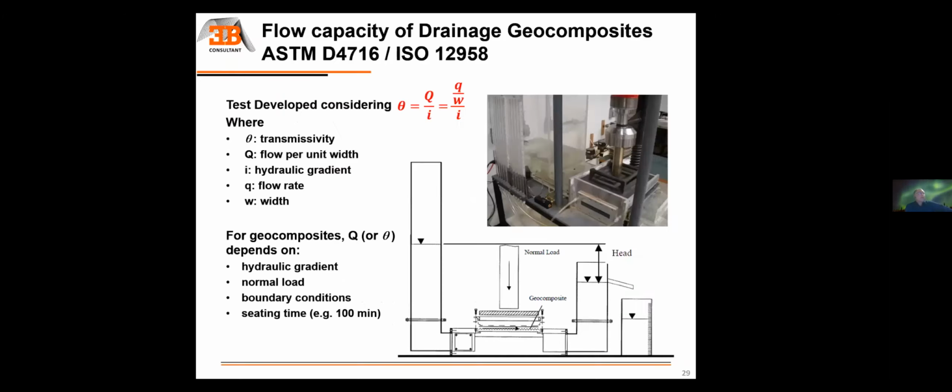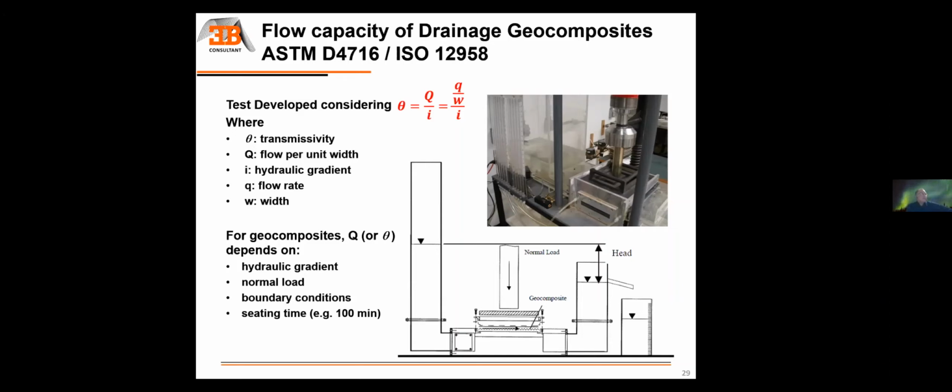The ASTM test was developed considering that the transmissivity is equal to the flow per unit width divided by the gradient, which means it considers that the flow follows a similar regime as Darcy's law in soils, that the flow is proportional to the gradient. And we'll see after that this may not be correct. But anyway, that's how it was developed.